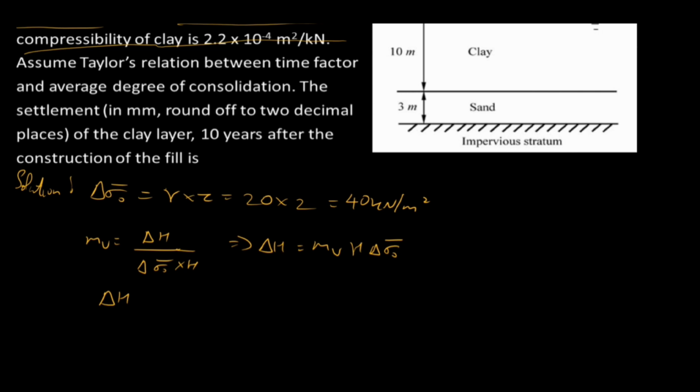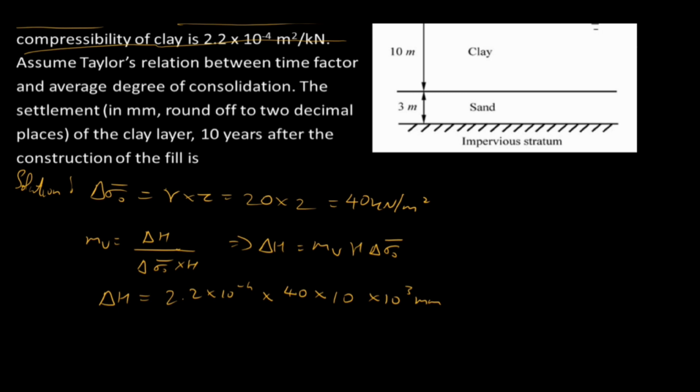So change in height, or else settlement, initial settlement will be equal to 2.2 into 10 power minus 4 into 40 into h, which is 10 meter, into 10 cube mm.